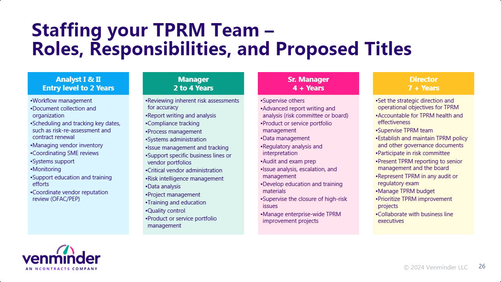They are establishing and maintaining the policy and presenting all of that reporting, issue escalation, conversations with board and management, as well as risk committees. They're managing the third-party risk management budget. They're figuring out what improvement projects are going to happen, and they're collaborating with business line executives.